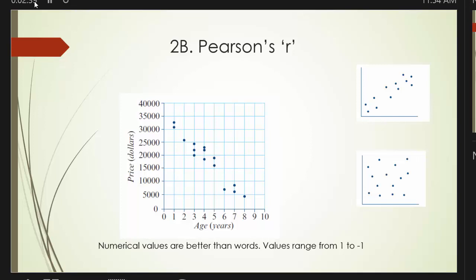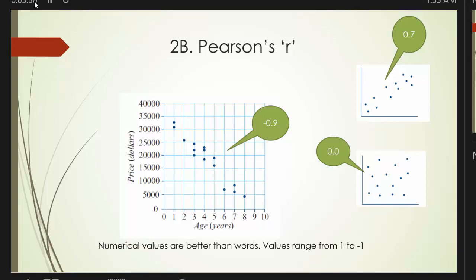As I've said already, numbers are going to be better than words, so I'm going to give some numbers that are associated with those three plots rather than words. Fairly strong negative, moderate positive, happy with that, and then nothing much at all on this one here. The numbers we're going to get range between 1 and -1, as you will see. This is going to generate a value of negative 0.9.